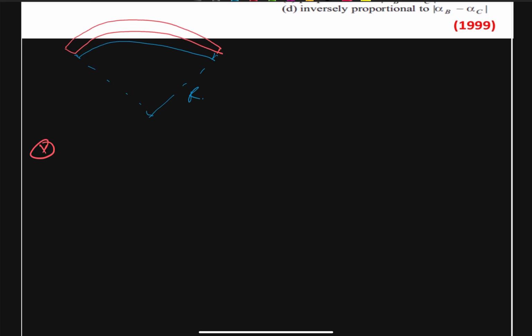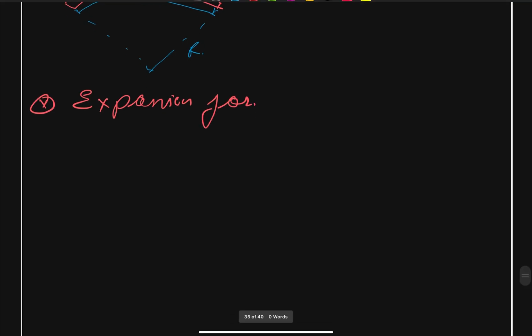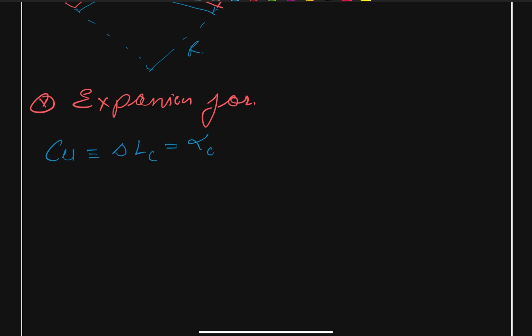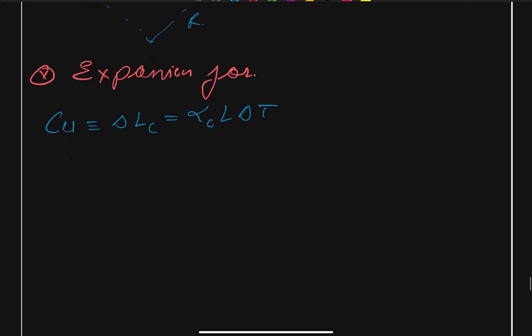So we can say expansion for our copper, let us suppose that is our delta L_C, which will be equal to coefficient, original length and change in temperature. And similarly we can say for our brass, that delta L_B will be equal to their coefficient, length and temperature difference.